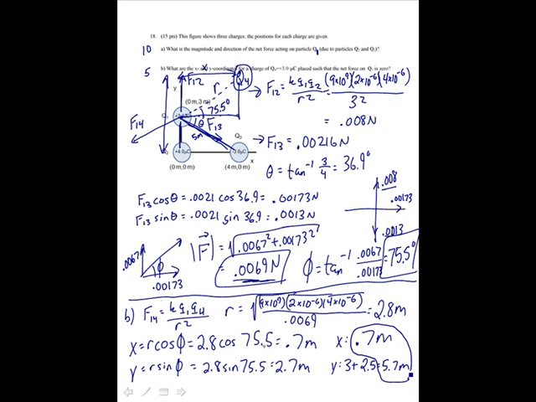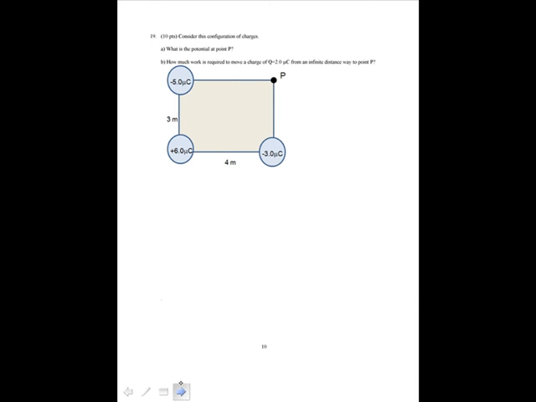Okay, this question was probably a little longer than it should have been, which is why I curved this test. Okay, consider this configuration of charges. What is the potential at point P and how much work is required? So I want to know the potential. V is equal to the sum of KQ over r. So that is 9 times 10 to the 9th.